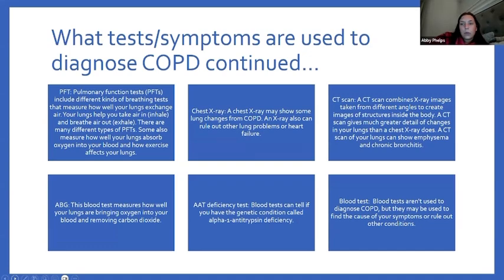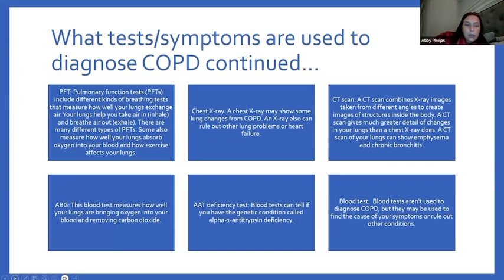It gives you much greater detail to help diagnose your patients that have COPD. It's a whole lot better than a chest X-ray. And it can also scan your lungs, which helps find emphysema and chronic bronchitis.